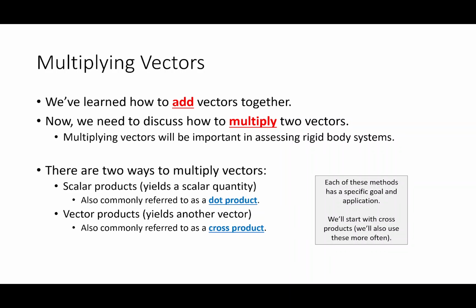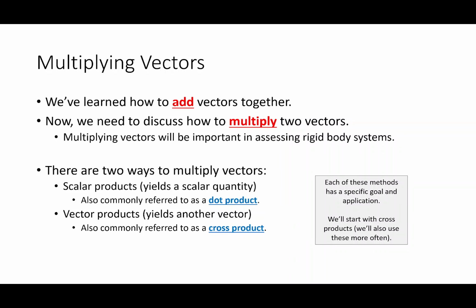Now, there are two ways that we could identify a multiplication of vectors. So I have vector A and vector B. I could multiply vector A and vector B and get a number. Okay? I could define that operation. We call that a scalar product, but the more common way of referring to that is a dot product, because we write it like this, right?